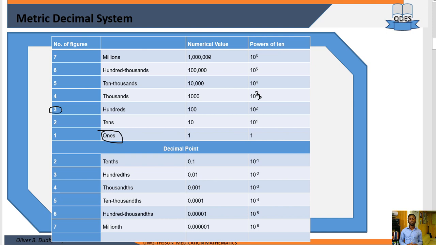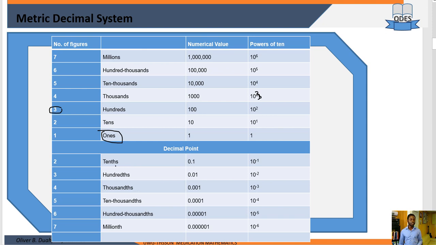For the metric system, there is the negative and the positive sides. So going down, you have the decimal. So after the baseline, you have the decimal point, and you have the tens, the hundreds, thousands, 10,000s.